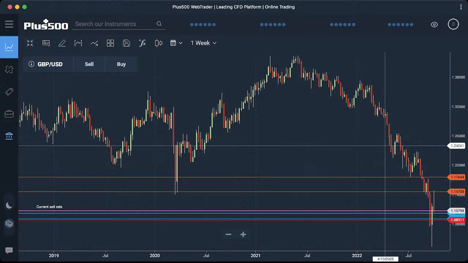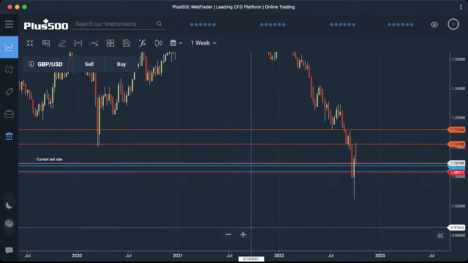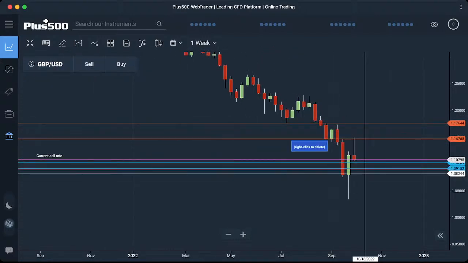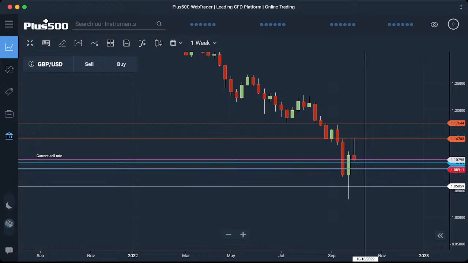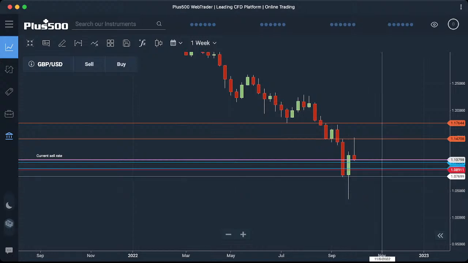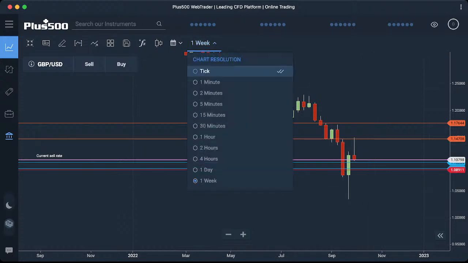So see here, that rejection block is almost near to that 4 hour red line, and the price can go down to retest that rejection order block, and then it can come back to the upside.